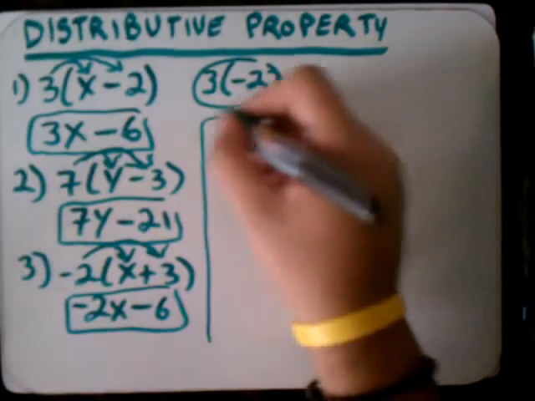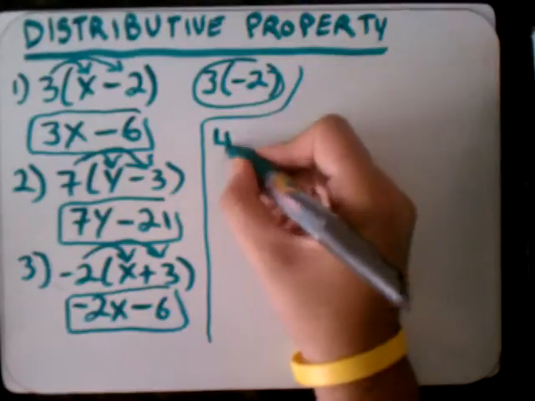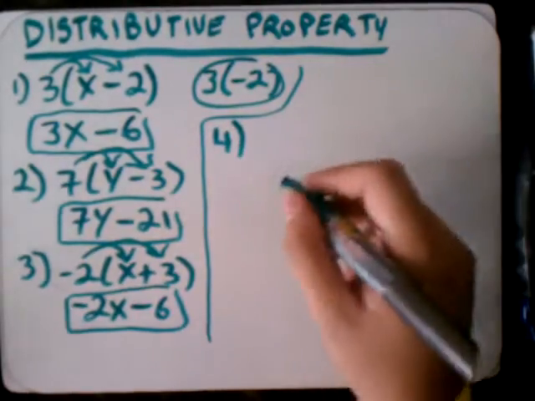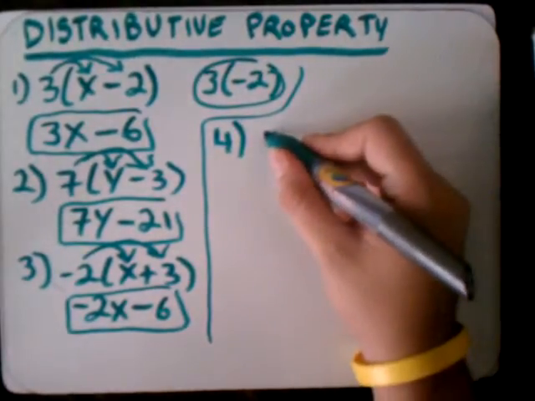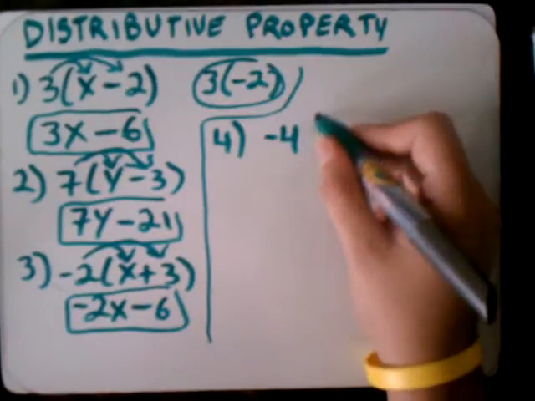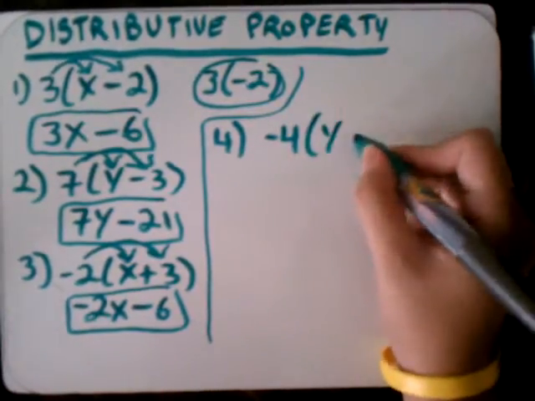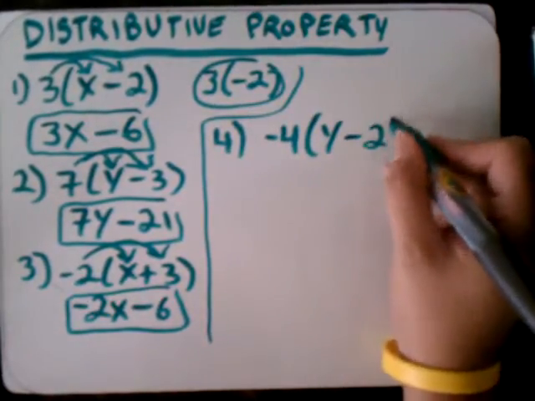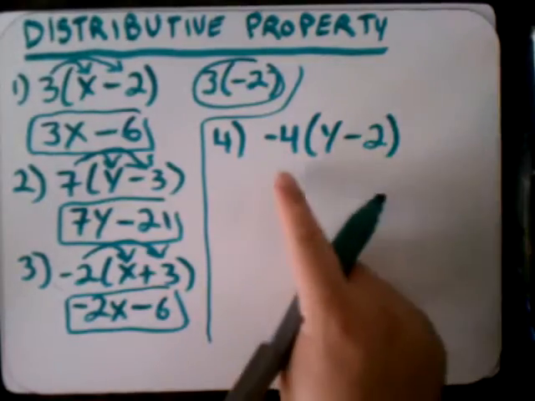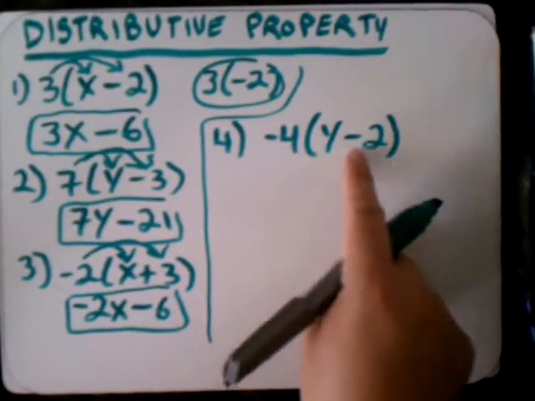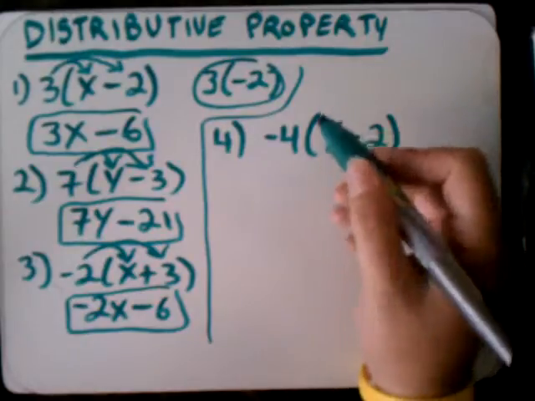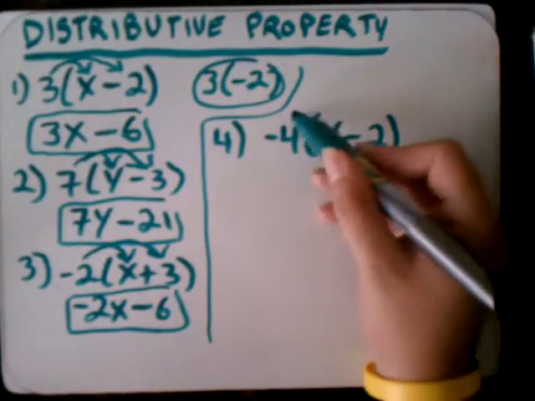And the last example we're going to do, example 4, says negative 4 times (y minus 2). Now the difference is that we have 2 negatives, but of course it's easy, it's the same thing.